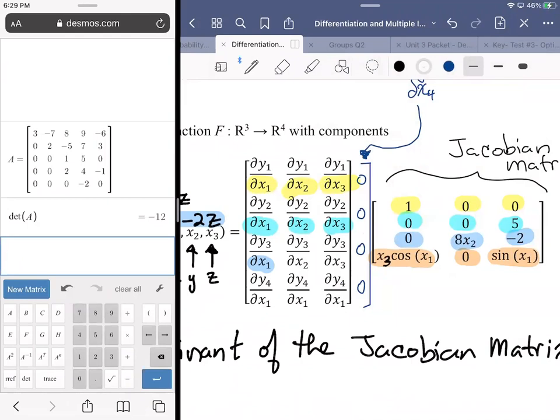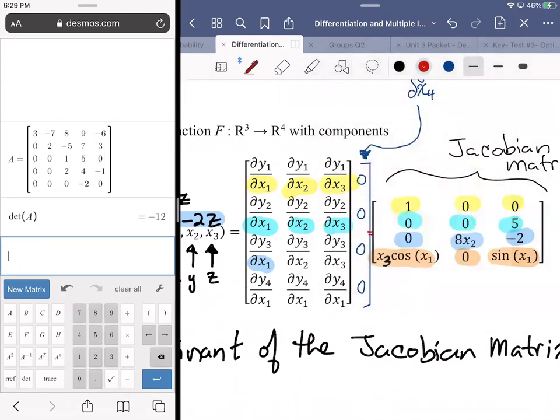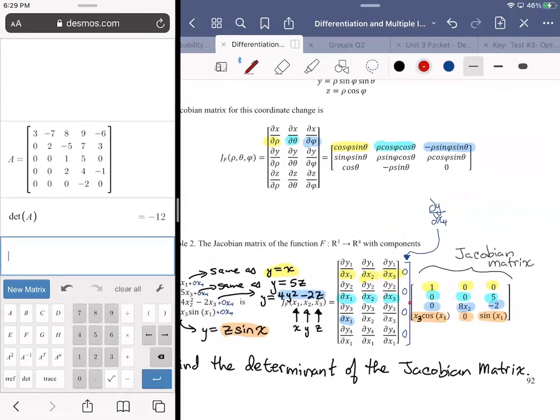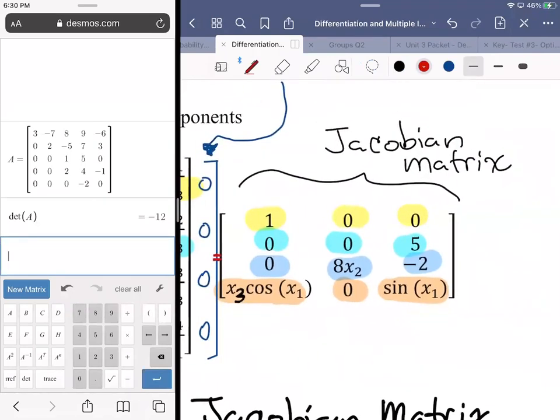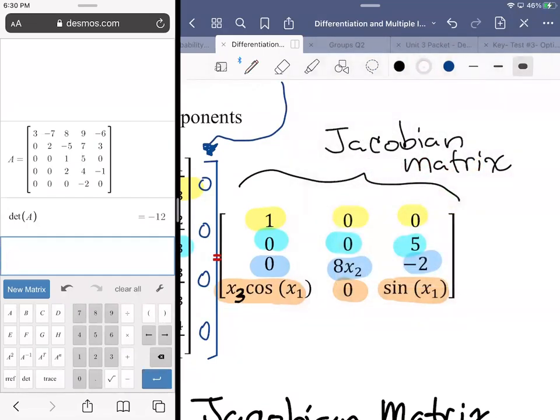All right. So this whole thing is really equal. Just tuck a little equal sign in there. All right. So we would have a 4th column here containing all zeros.